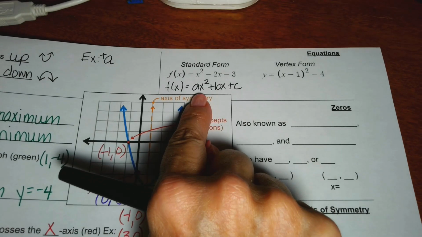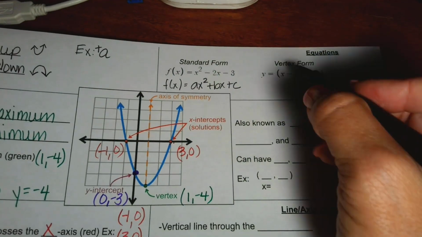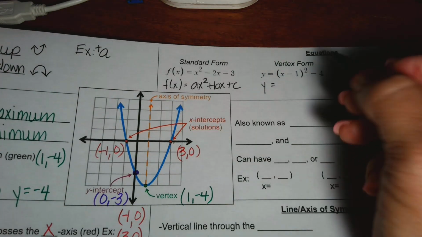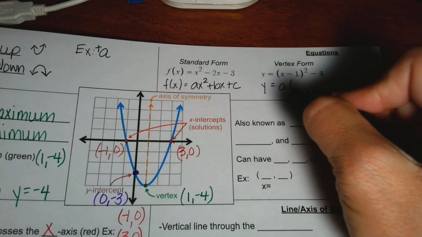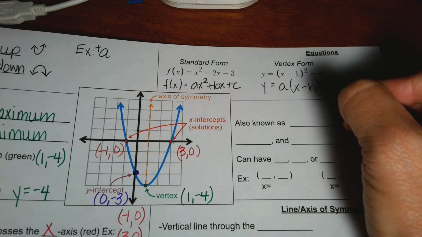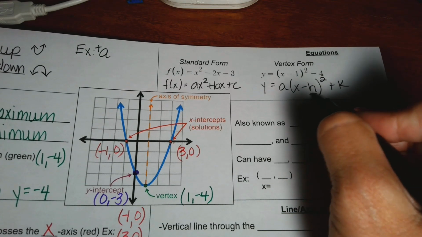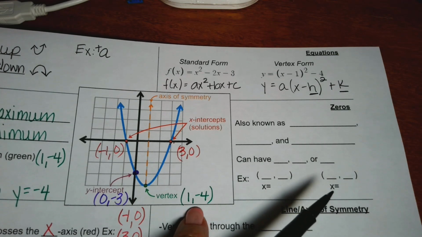That's what we saw on the front page. But this vertex form, and they have it written as y, which is fine. It can be y or f of x. You have your a in the front, and then it's a times (x minus h) squared plus k, and your h and k represent that vertex.